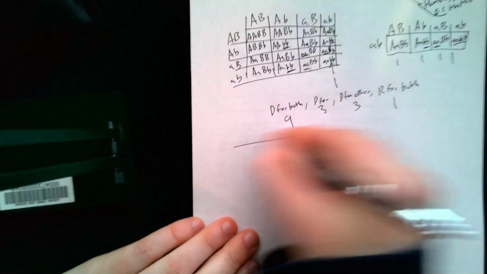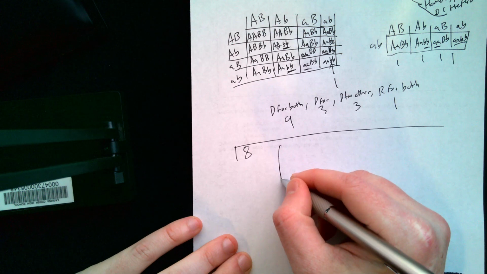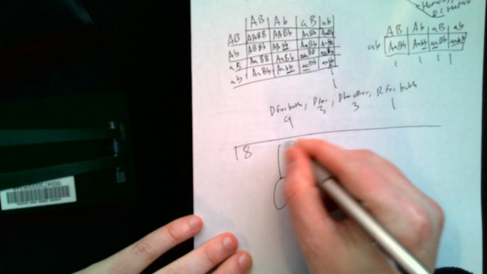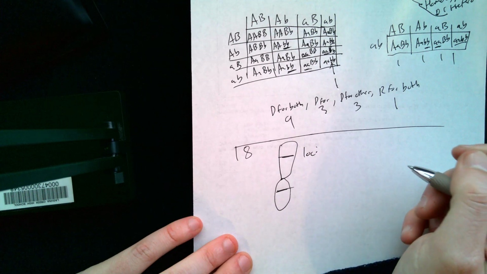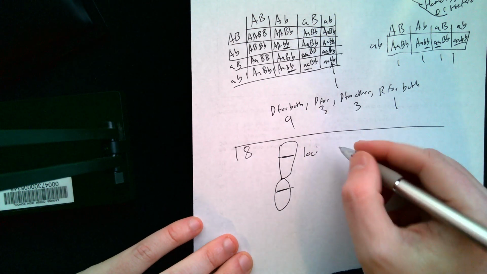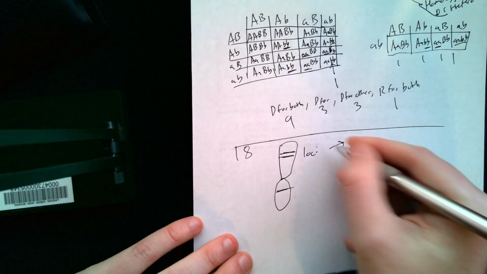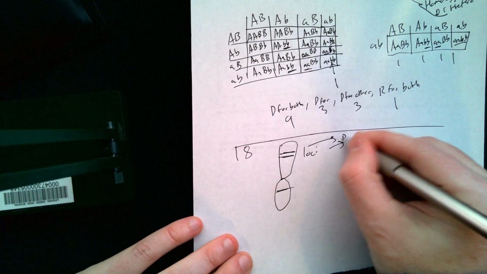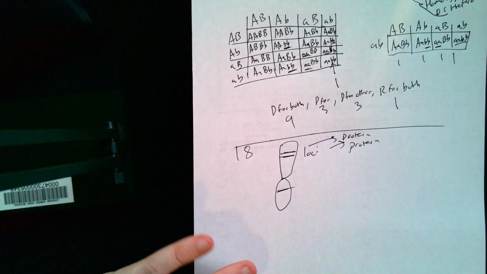All right, so why does this happen? It has to do with loci. So you have your chromosomes, and they have what are called loci, or the locations where the genes are found. And so each one will then create a protein. And if they're really close together, what we're going to see is those 2 proteins will always be pretty similar.